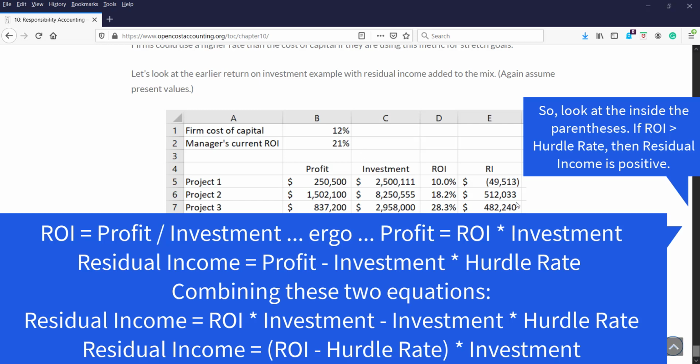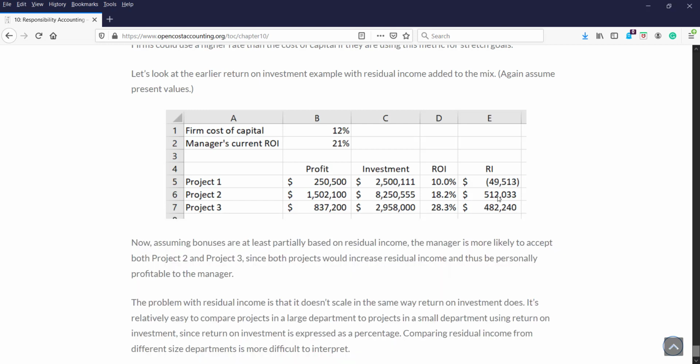And so if now the manager has this residual income incentive also hanging over him, now he's more induced to accept this project number 2 because look, I can increase my residual income. Now my bonus is not just based on ROI, but also on some residual income measure.